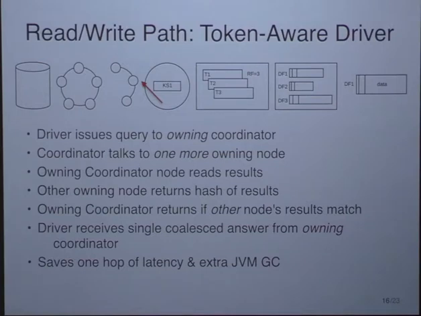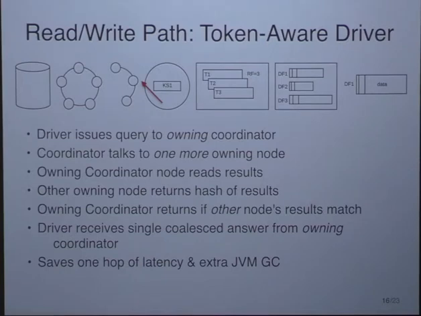If you just do round-robin coordinator, then on the luck of the draw, sometimes you get a node that owns the data, and so it's cheap. Sometimes you get a node that doesn't own the data, so it has to hop over to one of the owning nodes, and that costs an extra couple milliseconds of latency.